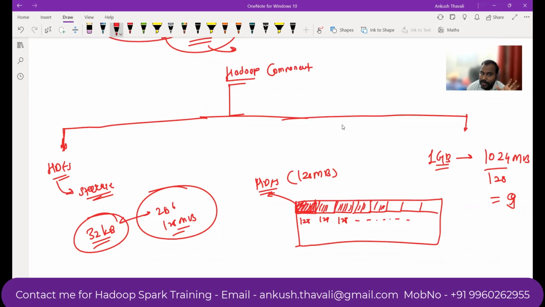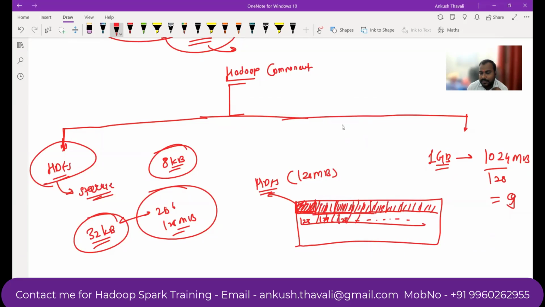But let's assume that you are not using HDFS, you are using your normal file system. A normal file system will have a block size of, let's say, 8 KB. 8 KB, it's not MB, it's KB. So you can understand how many blocks it will consume.